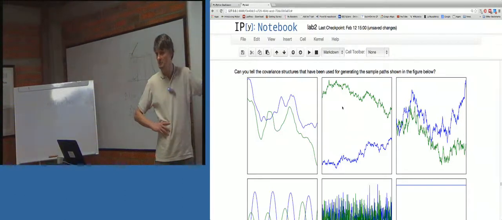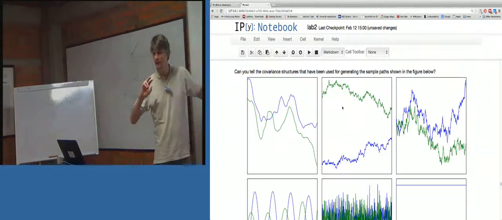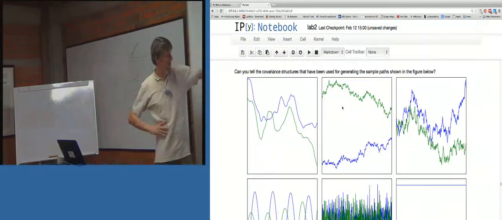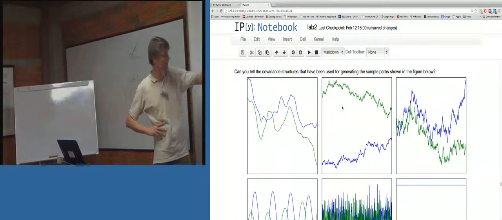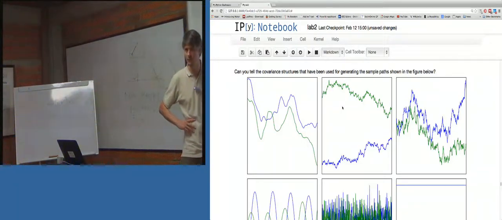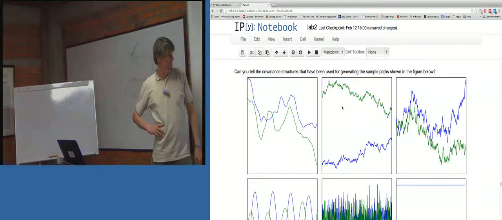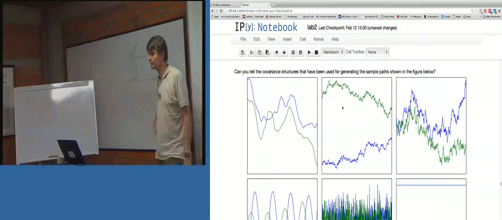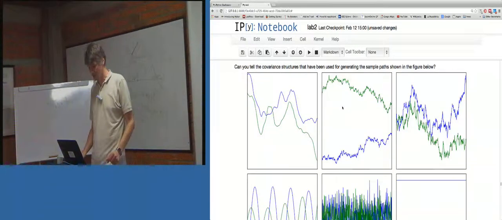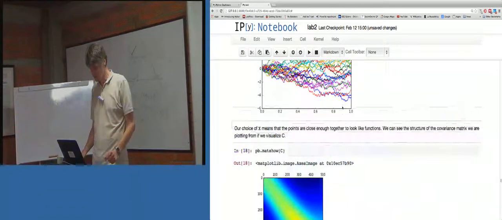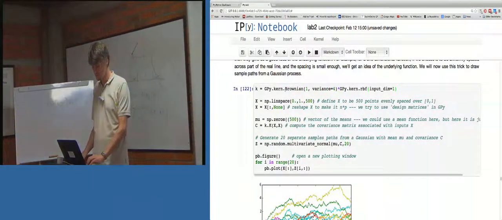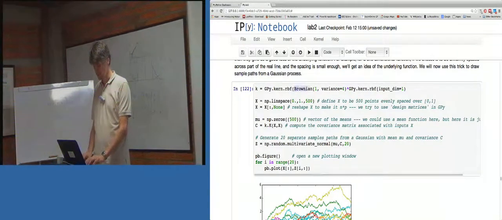Smooth and non-smooth? Done? The Matern 5-2, because it's got this sort of little roughness. Yeah, it could be. So Maurizio is asking, is it the sum of two lengths? One length, what do you want the length scale and the variances to be?